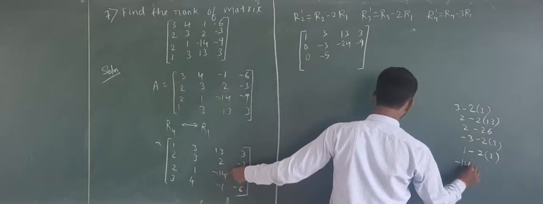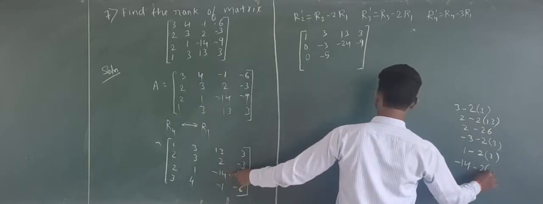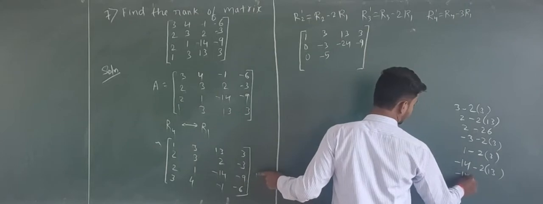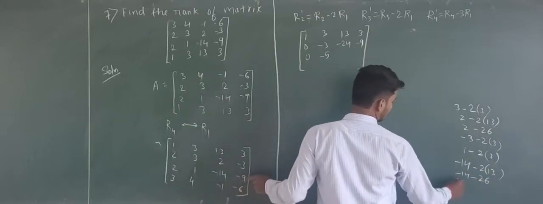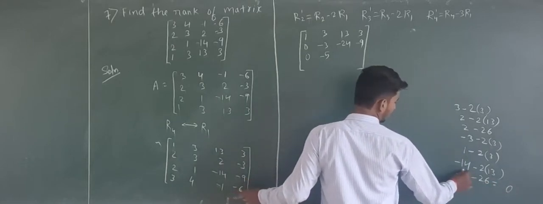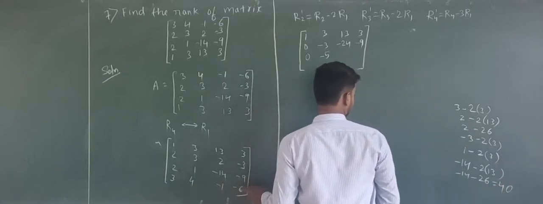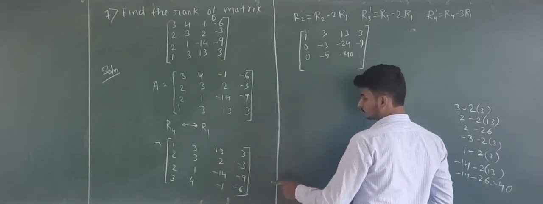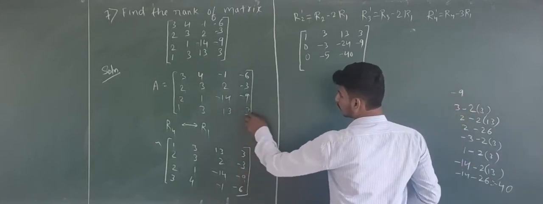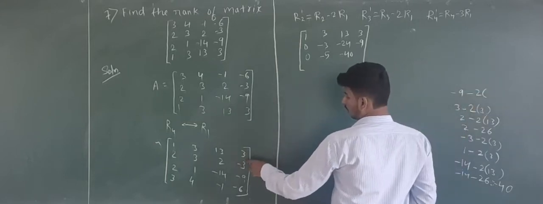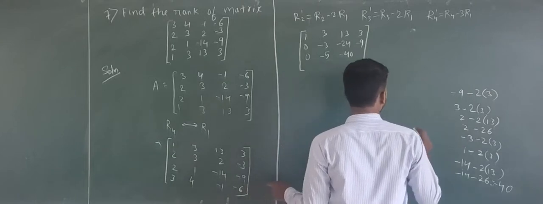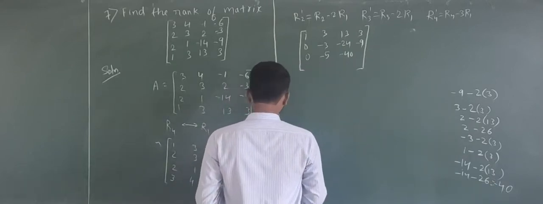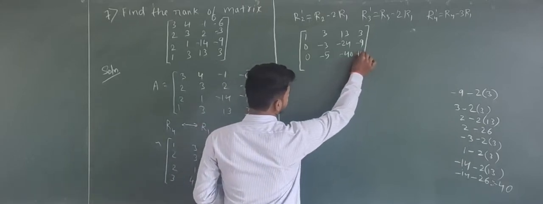Next, -14 minus 2 into 13, that is -14 minus 26, which is -40. Next, -9 minus 2 into 3, that is -9 minus 6, which is -15.